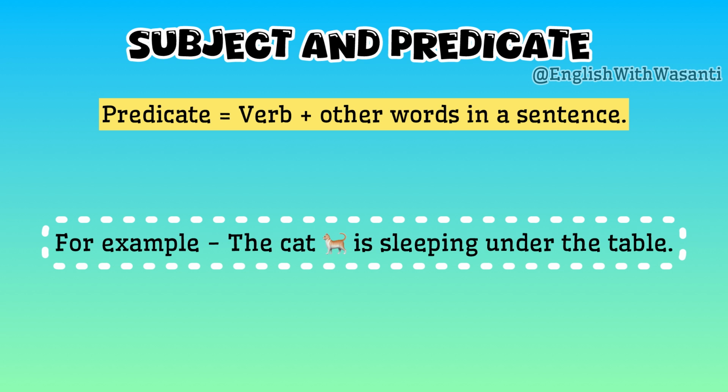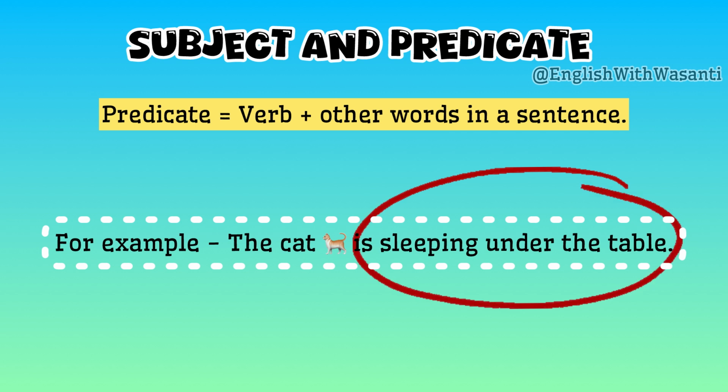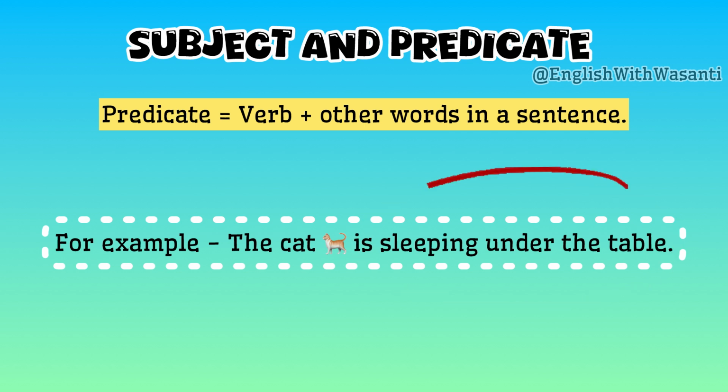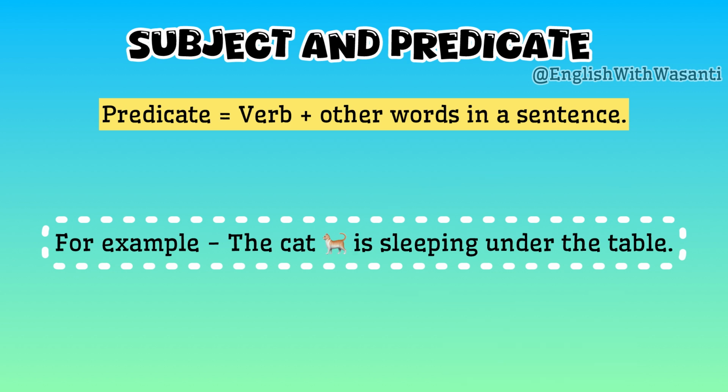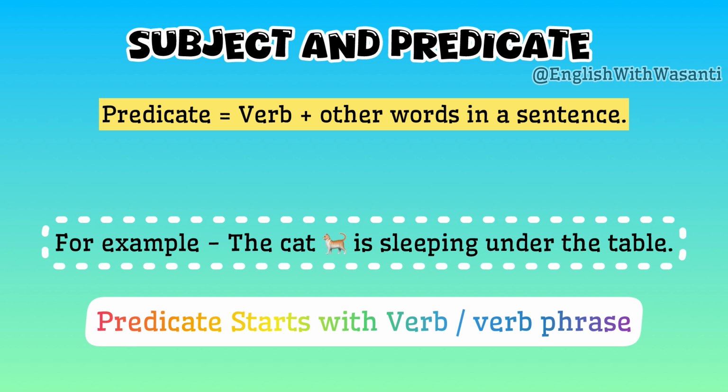So in this particular sentence, the cat is the subject, and is sleeping under the table is giving more information about what the cat is doing. So is sleeping under the table is the predicate of this sentence. It's very simple to identify the predicate, as it usually starts with a verb or verb phrase.